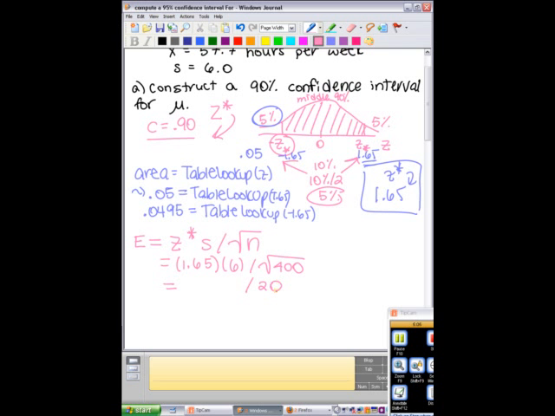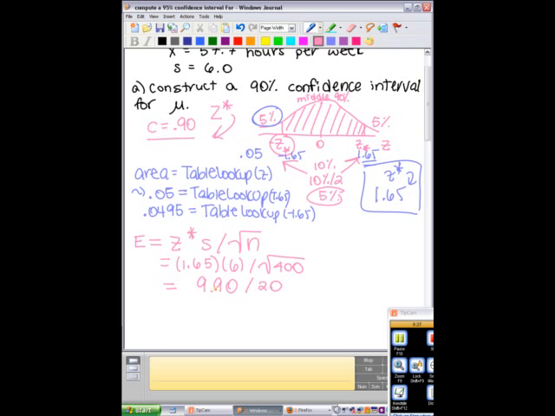Then we have 1.65 times 6. So let's see what we get. 0, carry the 3. 9, carry a 3. So we have 9.90 divided by 20. Let's see what we get when we use our calculator.